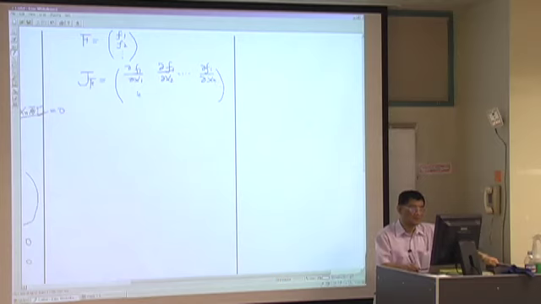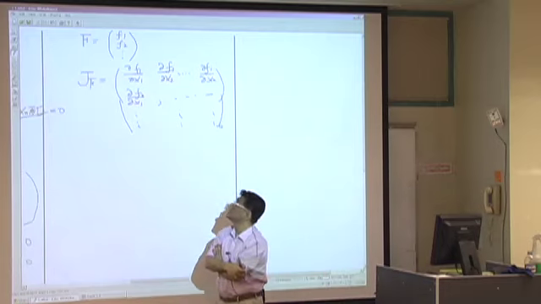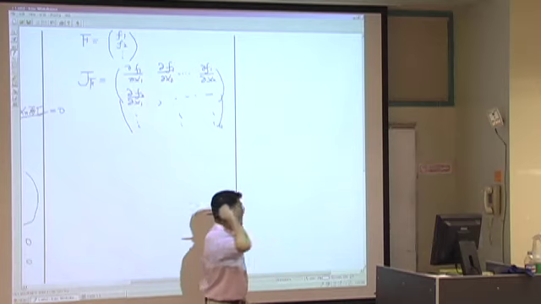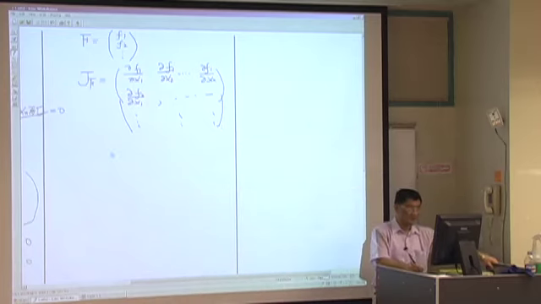Similarly, f2 differentiated with respect to x1, and so on, and we write this all the way down. This is the Jacobian function.